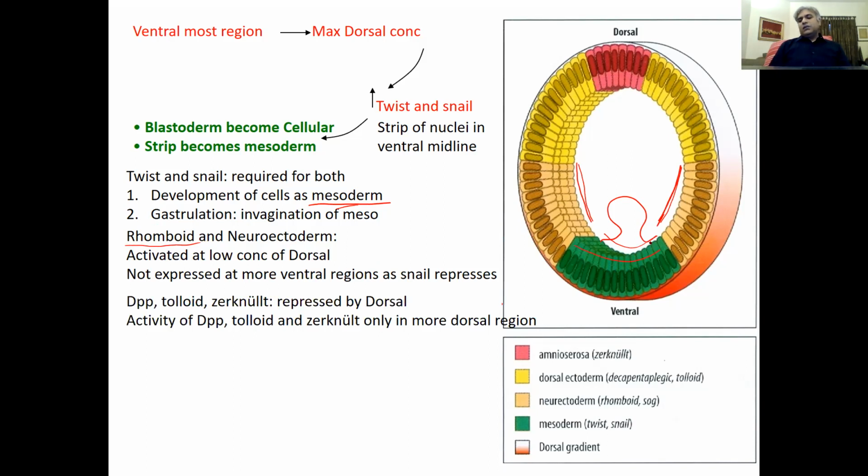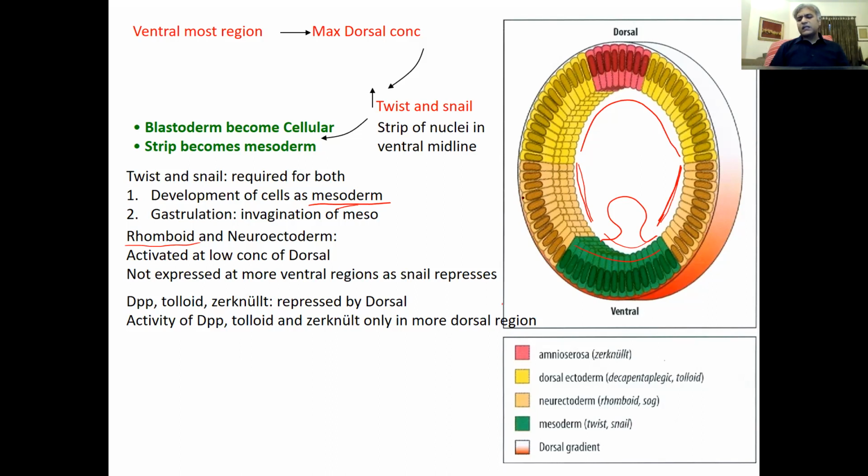Now, this was so far for the ventral pattern. What about the dorsal pattern? How is the dorsal pattern established? Because in the long run, we clearly see a very distinct pattern on the dorsal side of the fly as compared to the ventral side, which means pattern formation should be taking place early on as well.